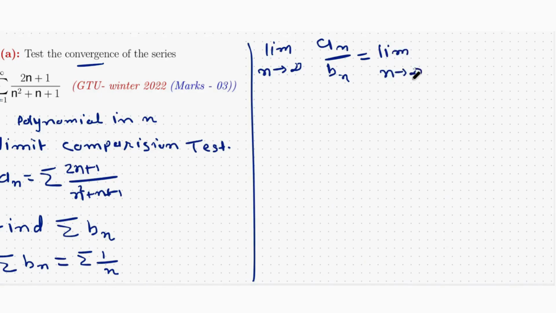Now what is an? An means nth term of series an. So this is 2n plus 1 upon n square plus n plus 1 divided by bn. Bn means also nth term of series bn. So this is 1 upon n. Okay. Now evaluate this limit.